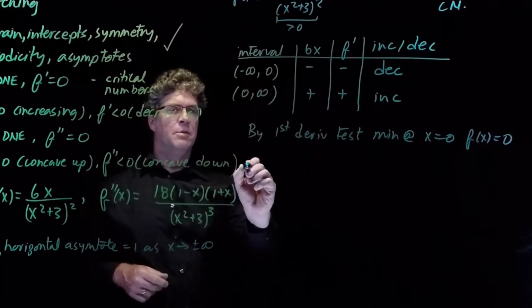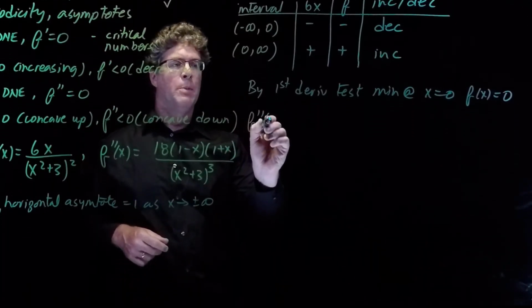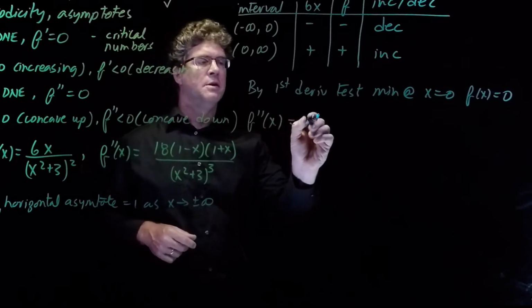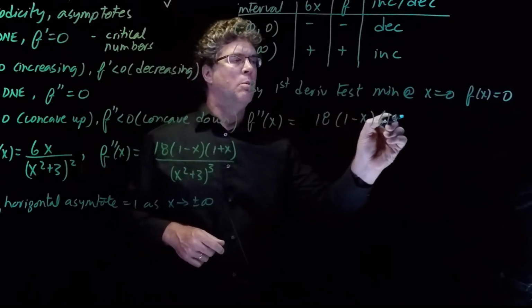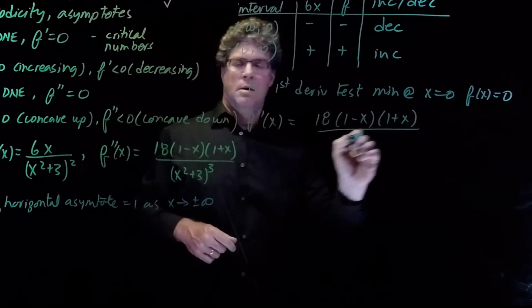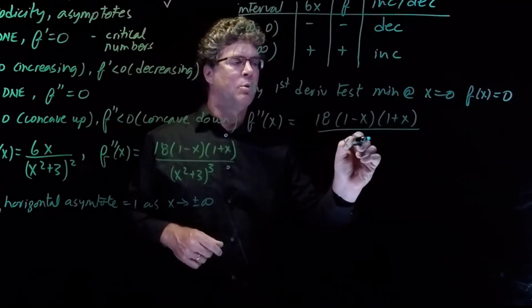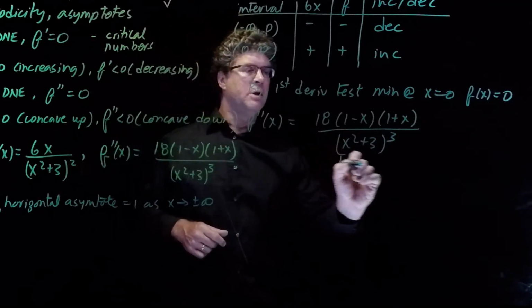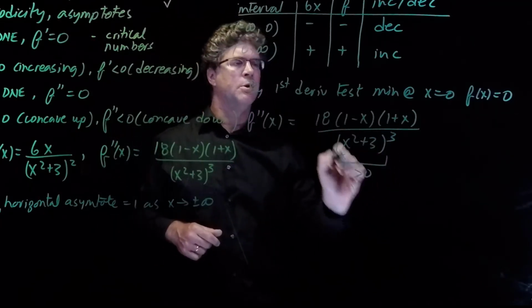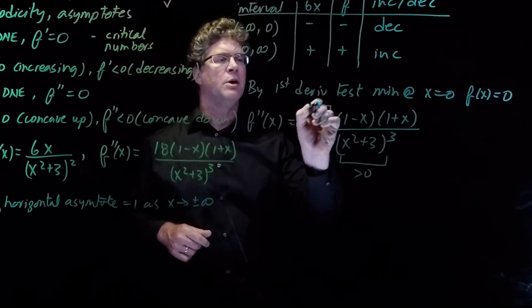Let's look at the second derivative. F double prime of x is equal to 18 times 1 minus x, 1 plus x, over x squared plus 3 cubed. Now x squared plus 3 cubed is always going to be greater than 0. 18 is always going to be greater than 0.